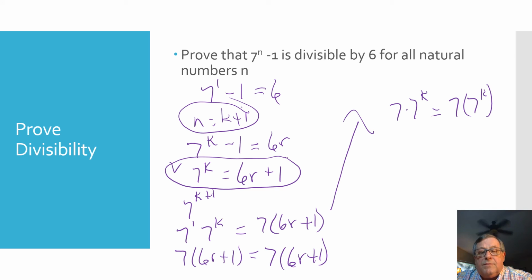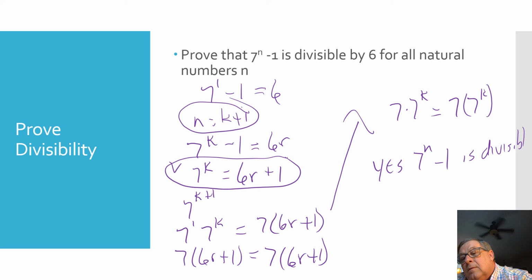They equal themselves. And so then we can say that, yes, 7^n minus 1 is divisible by 6 for all natural numbers.